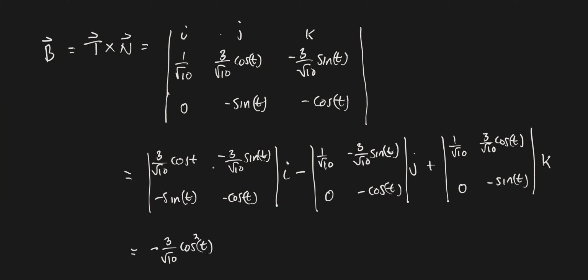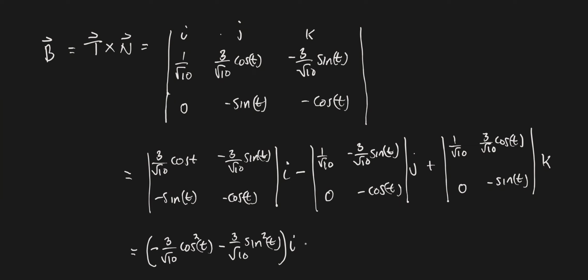And when I multiply these two, I'll get a positive number, but in my determinant formula for the 2x2, there's a subtraction. So again, it'll be minus 3 over root 10 sine squared t, and that's all times i, right?